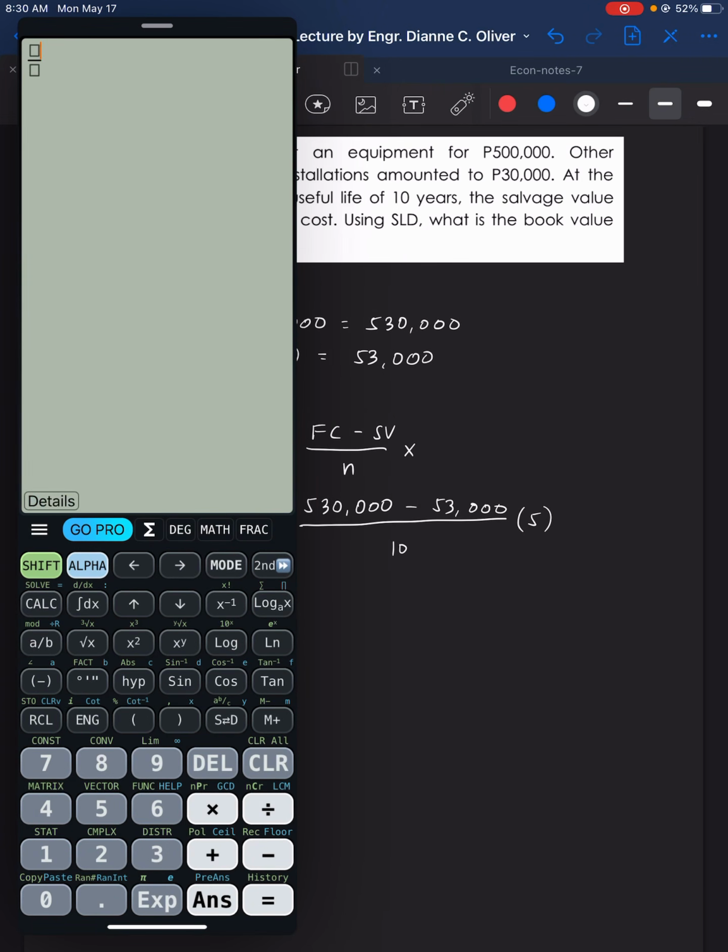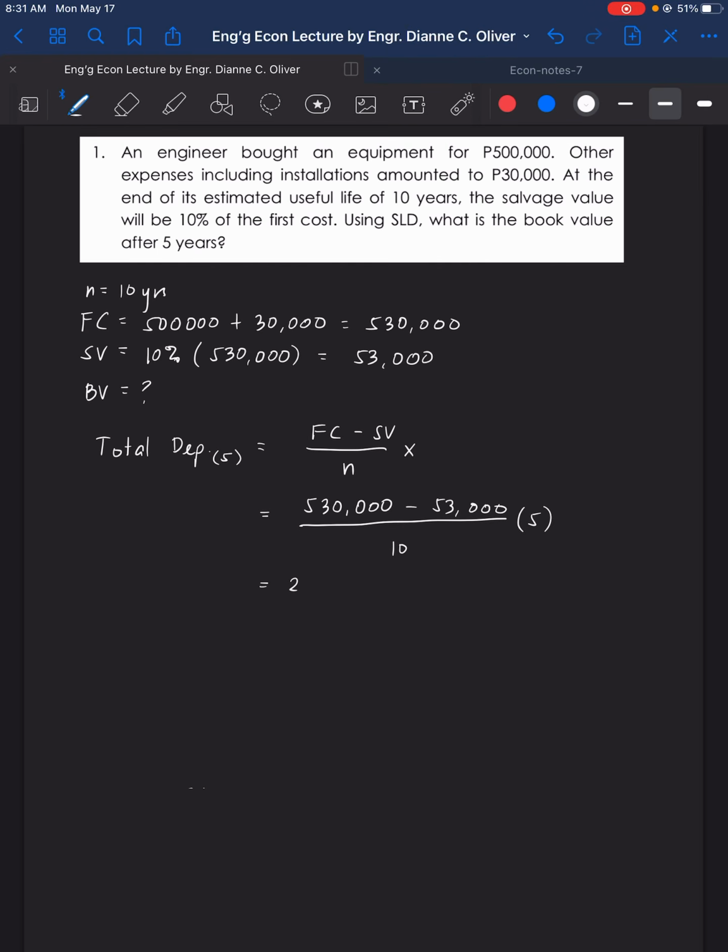So we have here 530,000 minus 53,000 divided by 10 times 5, which gives 238,500. Now, for the book value, we have the first cost minus the total depreciation, and that is equal to 530,000 minus the depreciation of 238,500.